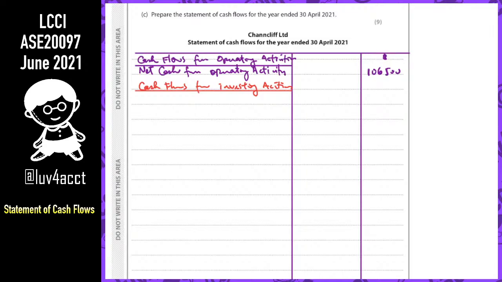So here we only have internal investment. I should write this one first: less payments for the purchase of property, plant, and equipment.